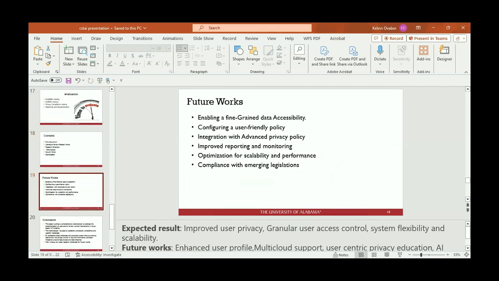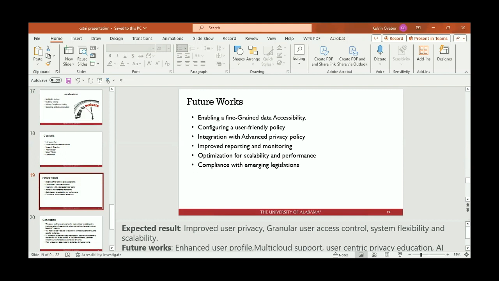Now, what are the future works that can be done in this area? The future works include enabling a fine-grained data accessibility system.